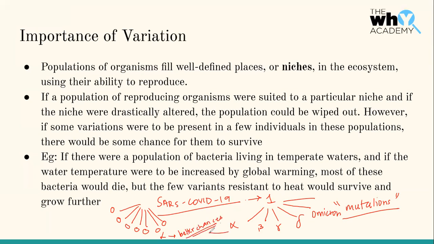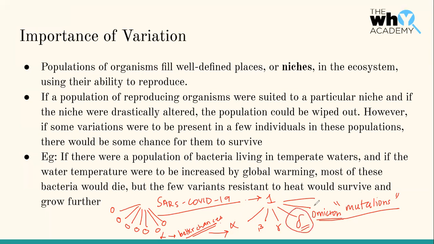And these variants became deadly to us. That's how it works. It's not always for the good. Sometimes these variations can cause detrimental effects as well, like in this case. So when they talk about COVID, they will always be talking about how deadly it is or how harmful the mutation is.